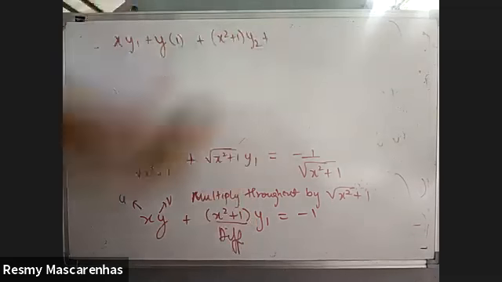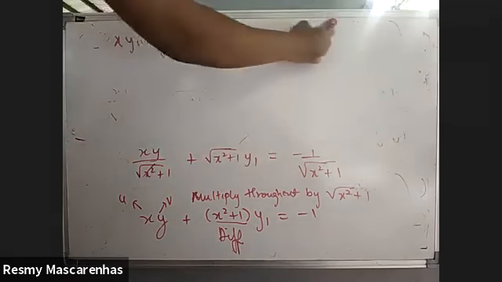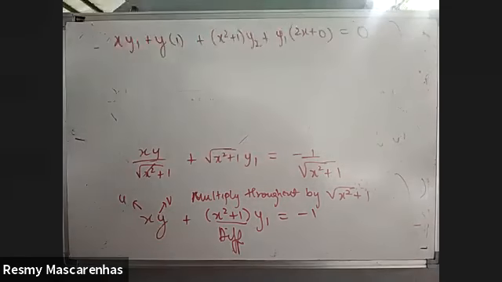Derivative of y1 will be y2. Derivative of this will be 2x plus 0. And derivative of minus 1 will be 0 because it is a constant. So u into v here, u into v here. So total 4 terms you will get.